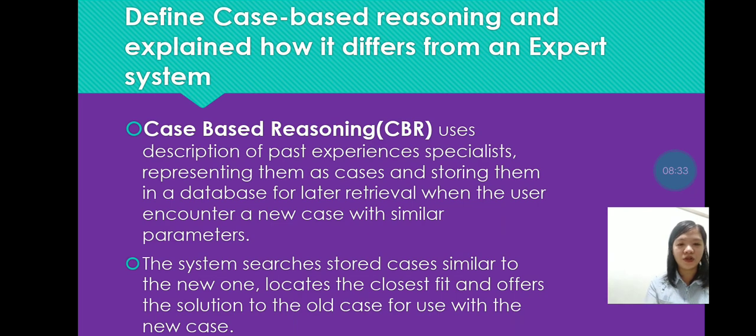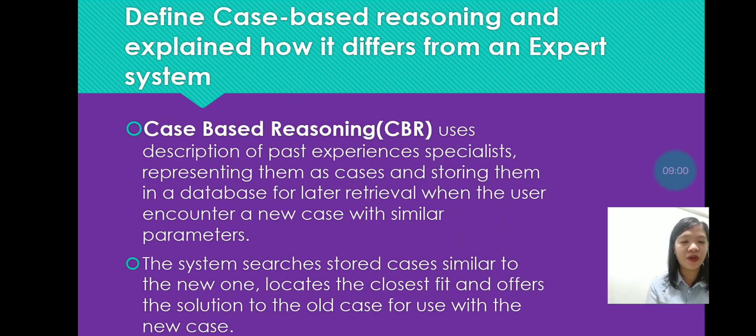The system searches stored cases similar to the new one, locates the closest fit, and offers the solution to the old case for use with the new case. It is added to the case database. The case will be added with a new solution and an explanation as to why the solution did not work.